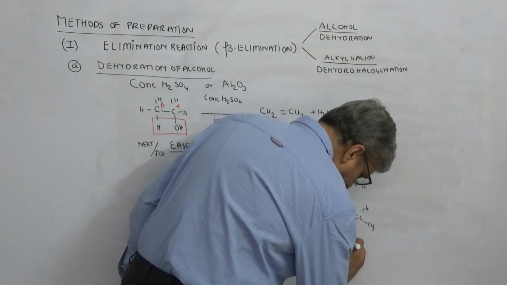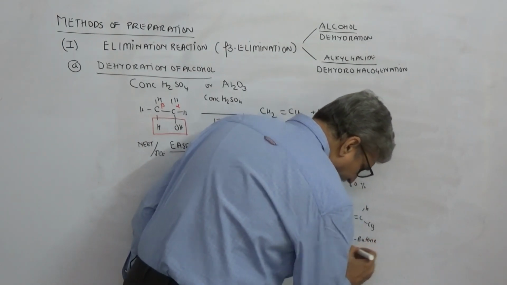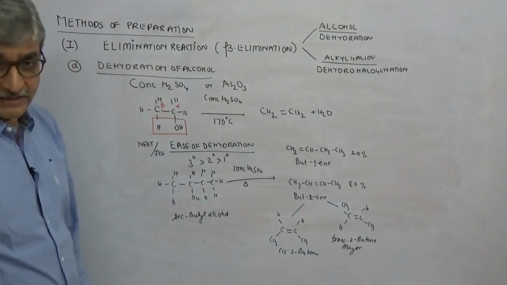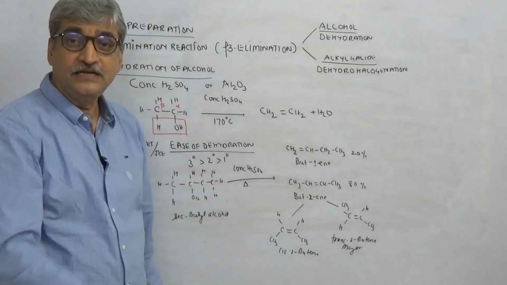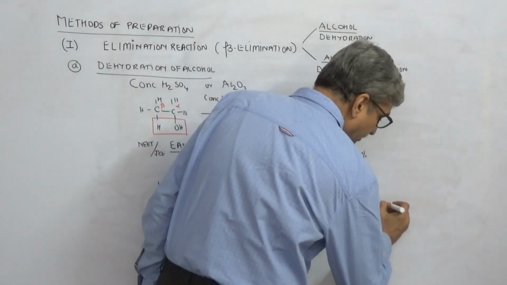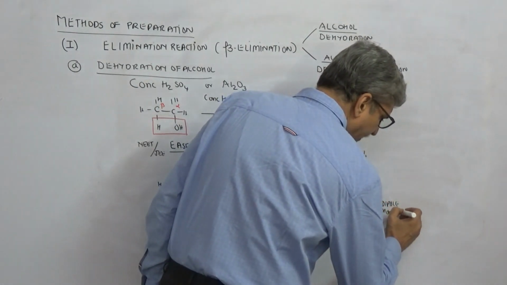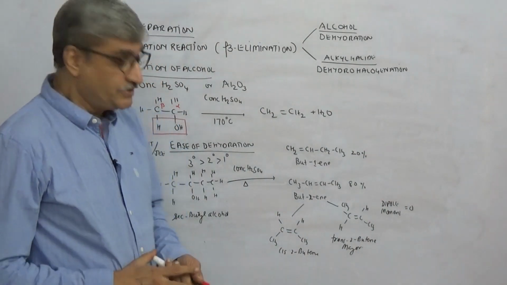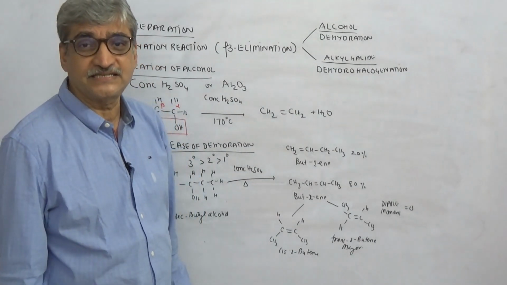Trans-2-butene is the major product. Not only is it 80%, even in that 80% the major product will be trans-2-butene, because trans-2-butene has dipole moment equal to 0. So it is more stable, and that is formed.